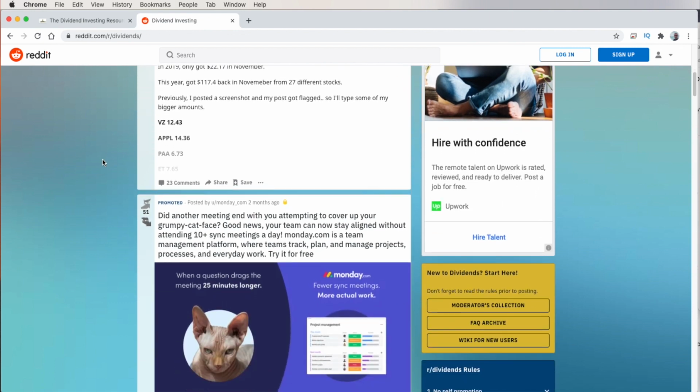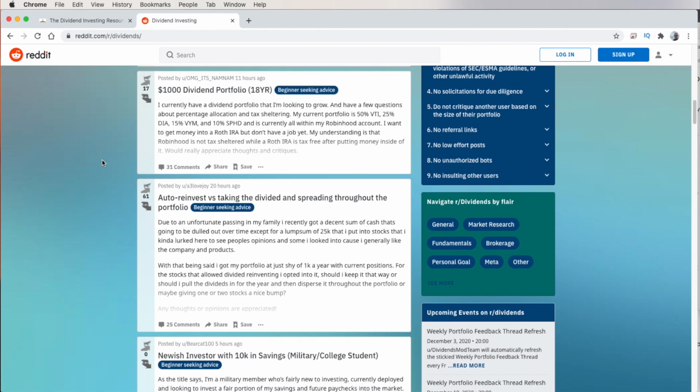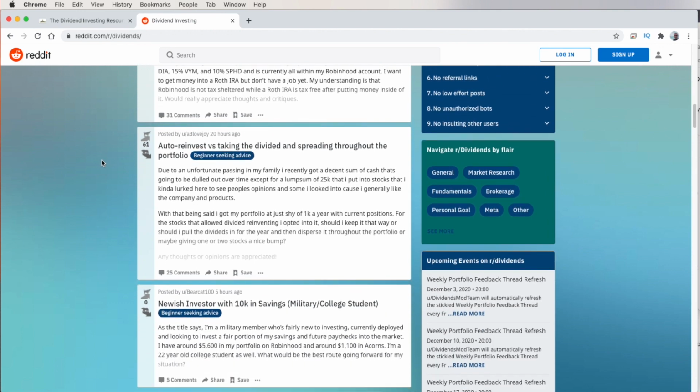So there's a lot of ways you can actually use this information to learn and get better at dividend investing and dividend growth investing. And of course, the best thing is that these spreadsheets are free, right? They are just collections of information that are assembled by people who are passionate about this stuff. These are people that enjoy sharing this kind of information and talking to like-minded folks.